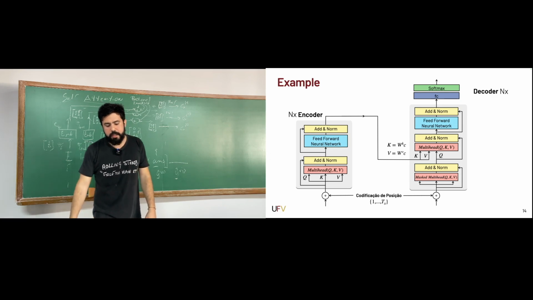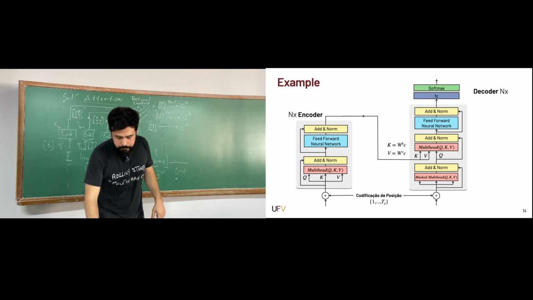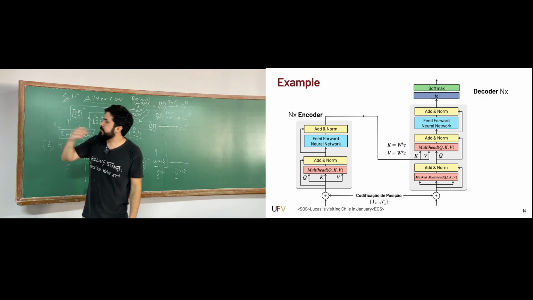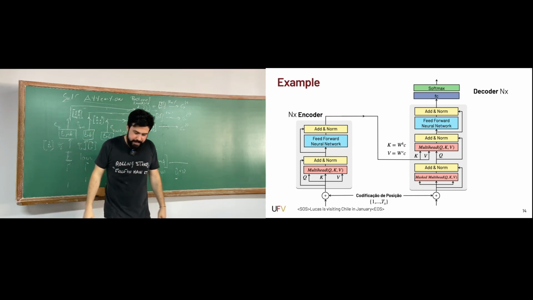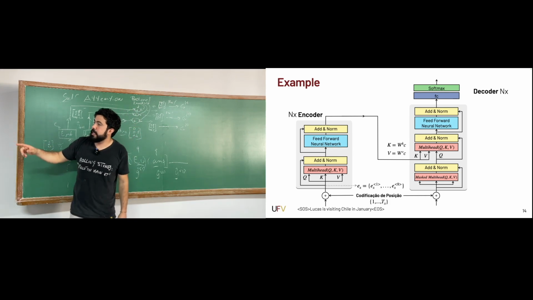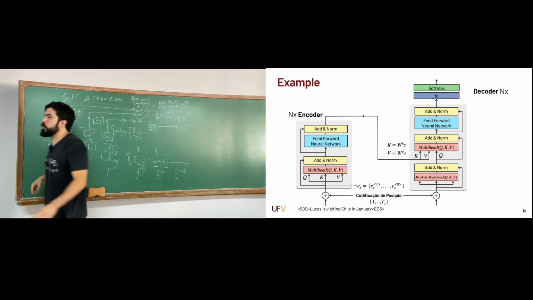So let me show an example, so you see how these things would play out. Consider this sentence: Lucas is visiting Chile in January. This should be the real example. I'm not going to Chile. But this is going to produce that EX representation with 8 elements, because there are 8 tokens in this sequence.